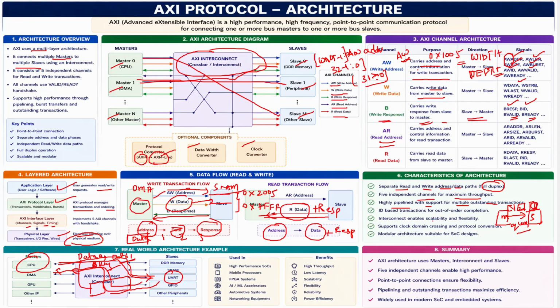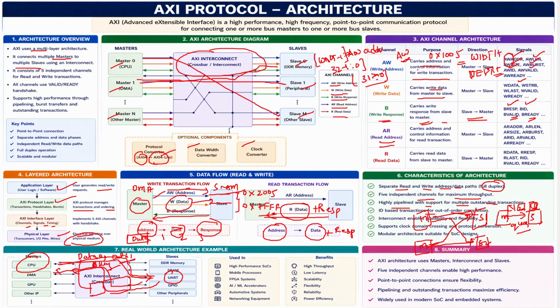And then ID-based transactions for out-of-order completion. I told you that out-of-order completion means multiple masters can communicate with multiple slaves. Okay, so master 1 is communicating with slave 1, master 2 is communicating with slave 2, master 2 is communicating with slave 1, master 1 is communicating with slave 2.